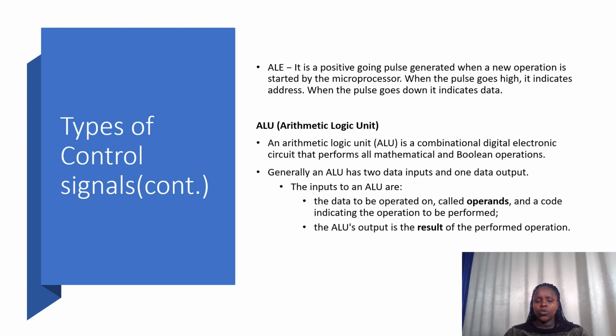Those are the two inputs for the arithmetic logic unit. It will need the data to be operated on and the operation to perform on those data. The output of this arithmetic logic unit is the result from the performed operation.